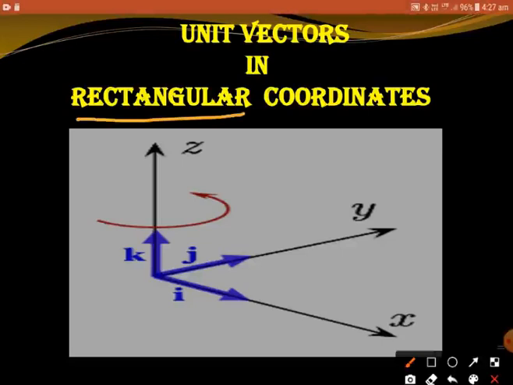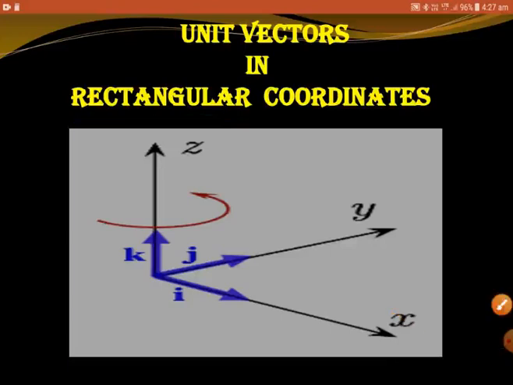When we say rectangular coordinates, what do we mean? These axes, the x-axis, y-axis and z-axis, are all mutually perpendicular to each other. So in the case of a rectangle, the angle between the sides is 90 degrees, and here also in the coordinates the angle between the axes is 90 degrees, so we call them rectangular coordinates.